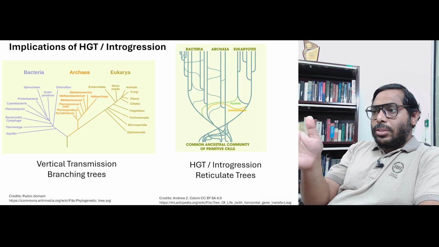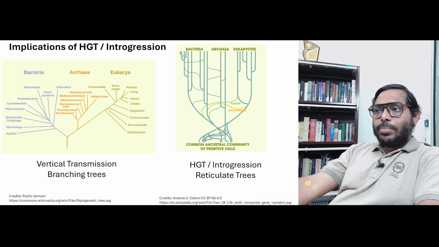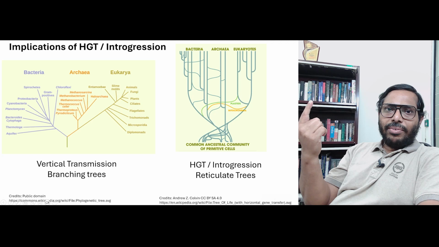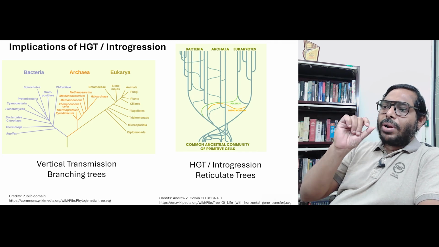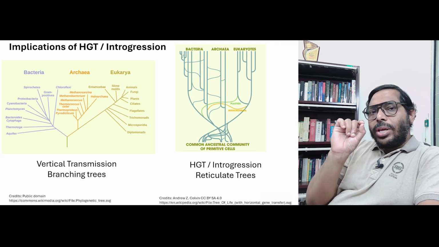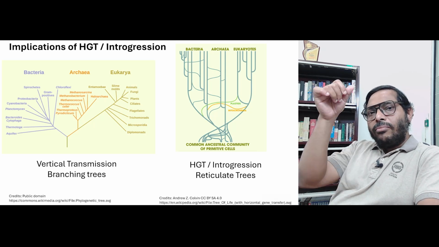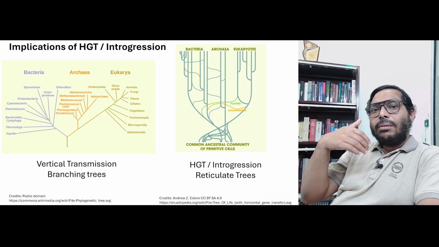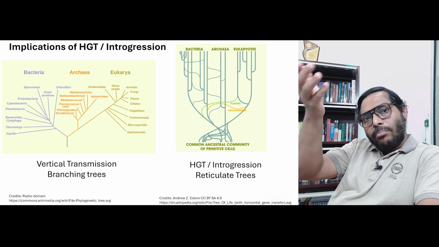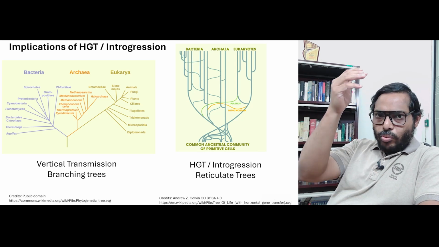That is one thing which you can see in this particular branching tree, that the thickness of the branches is very different. The horizontal branches are much thinner, showing that the contribution along that axis is very little, whereas the vertical branches are much thicker, saying that much of your genome is actually coming from that route, through what is known as vertical transmission.